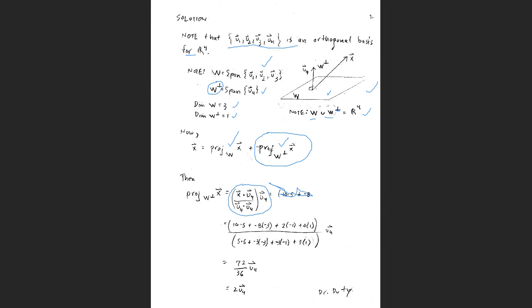You can ignore that stuff there, that just shouldn't be there. So I compute it out, and I will get 2 times U4.